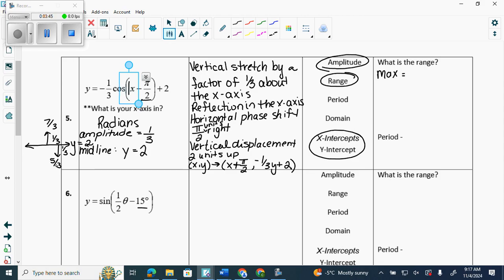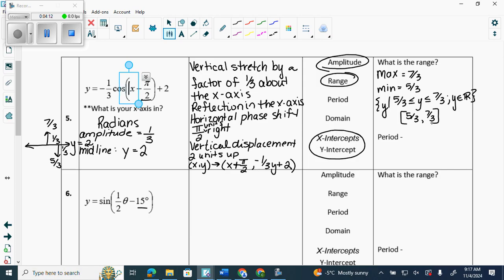Okay. So maximum is 7/3. Minimum is 5/3. So our range is going to be y such that 5/3 is less than or equal to y is less than or equal to 7/3, y in the reals. Or in interval notation, square bracket 5/3, 7/3, square bracket.